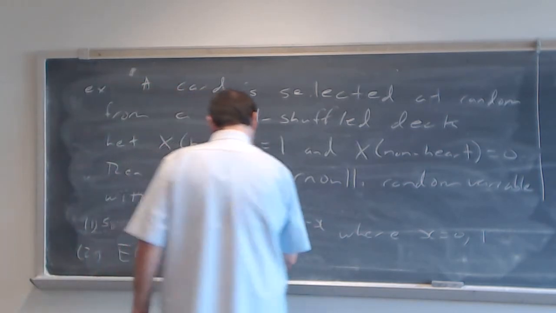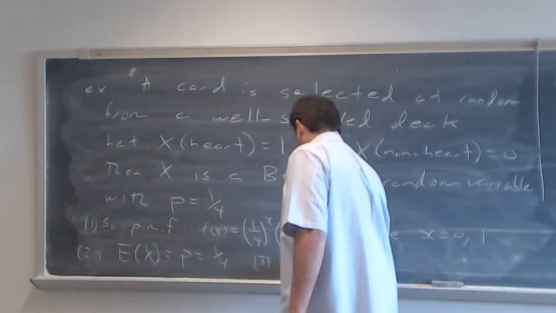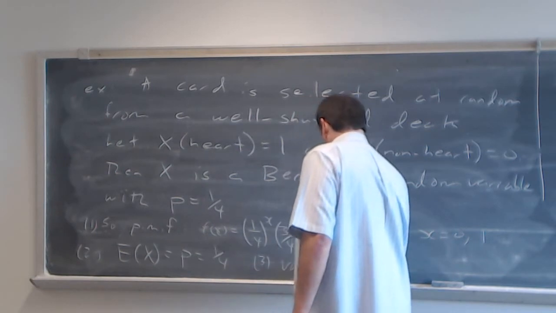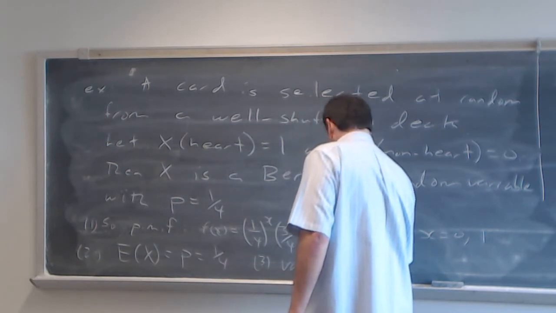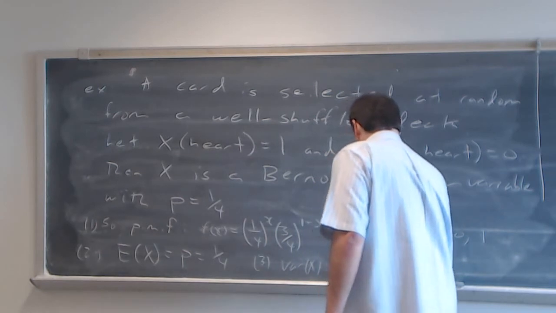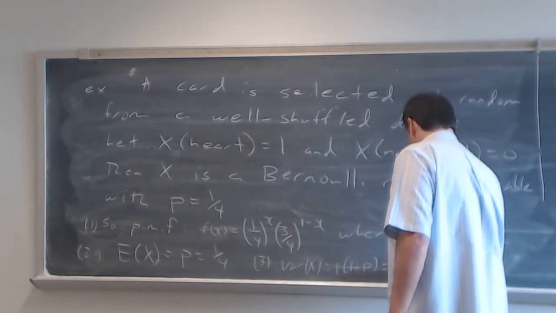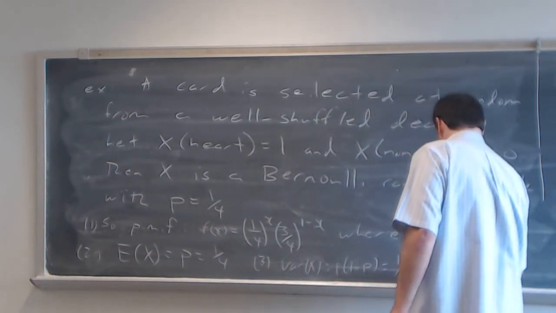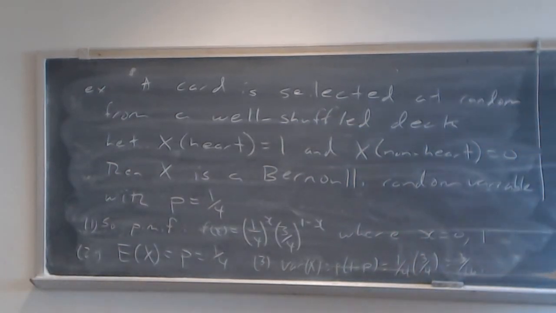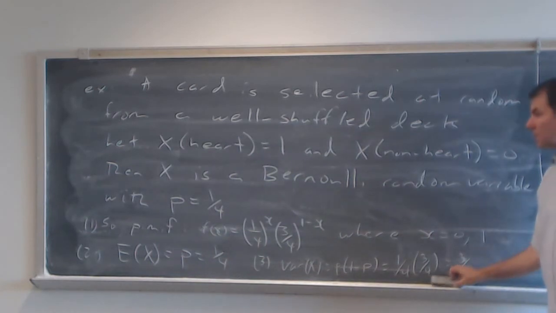And finally, thirdly, the variance of X is equal to p times 1 minus p, which is 1/4 times 3/4, which in this case is 3/16. So that's an example of a Bernoulli random variable.